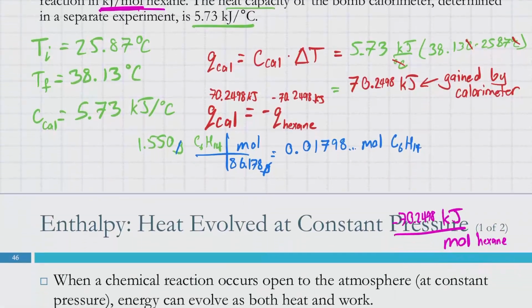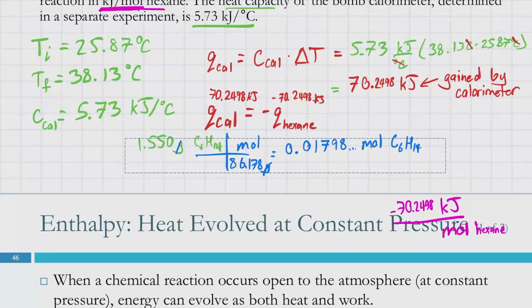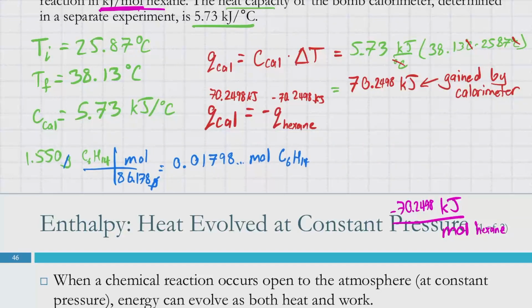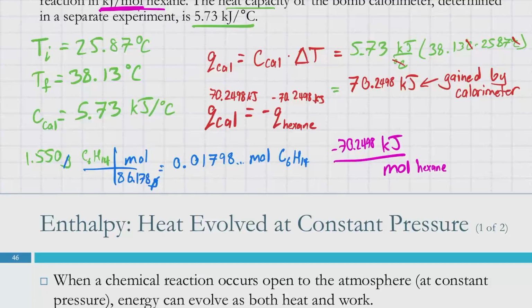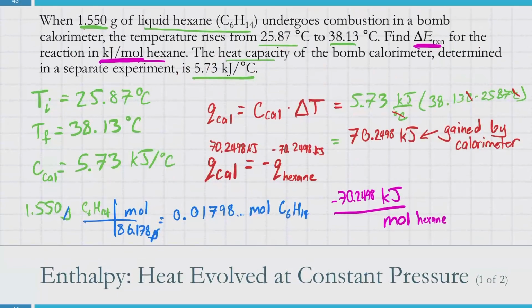Shuffling things around a little here. Okay, I think this makes more sense. So for the calculation, having figured out the moles of our hexane, we're going to divide our kilojoules by those moles, and we'll come out with some value.